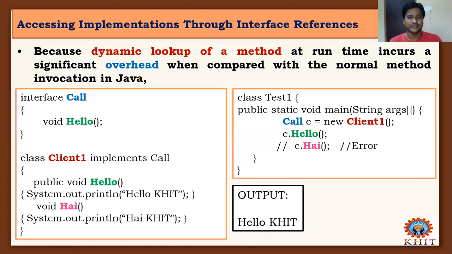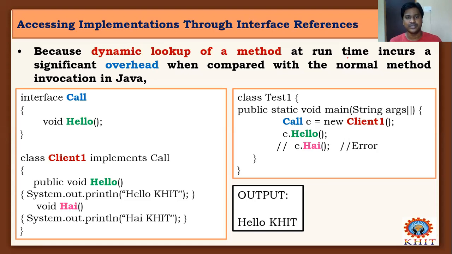Before going to this example, see, when we generally invoke normal methods in Java, they are resolved based on the object referring to the class members. But when it comes to polymorphism, there is a dynamic lookup of a method at runtime.